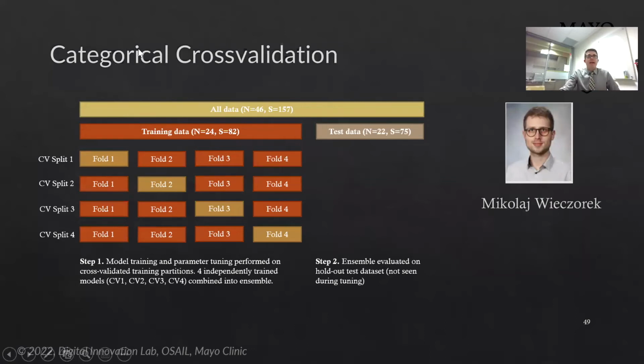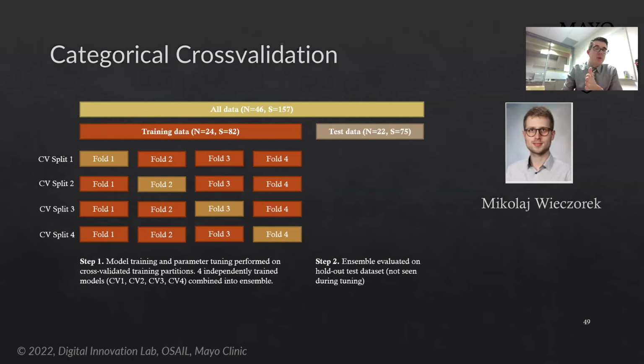There's a special case of these training and test splits called cross-validation. This is particularly common with smaller data sets, but I think it can be applied to any size of data set. With cross-validation, you set aside a test data set like you would in any other example. But then with your training data set, you split it into different blocks.